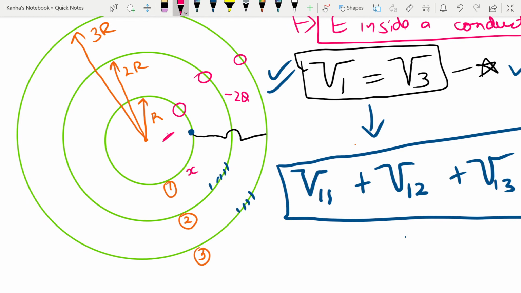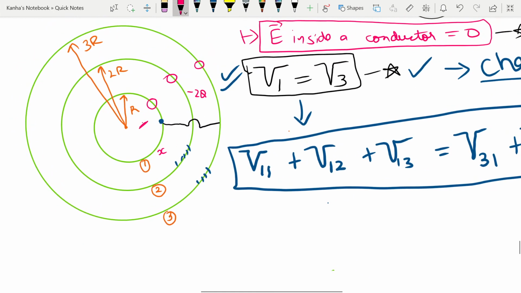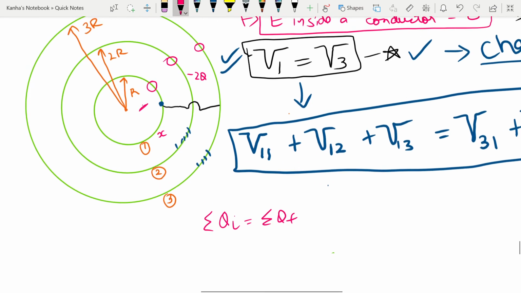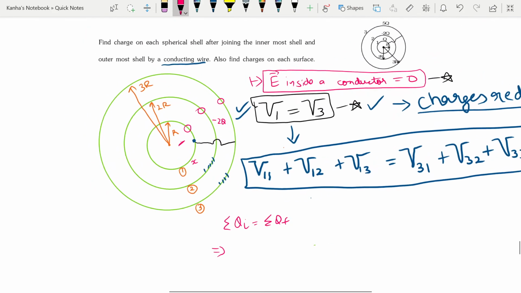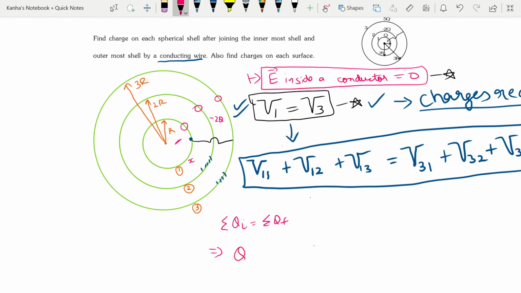Now as you know, charges are conserved, so the summation of q initial is equal to the summation of q final. Initially in the inner shell I had a charge of q and the outer charge was 5q. So finally also it should be the same.